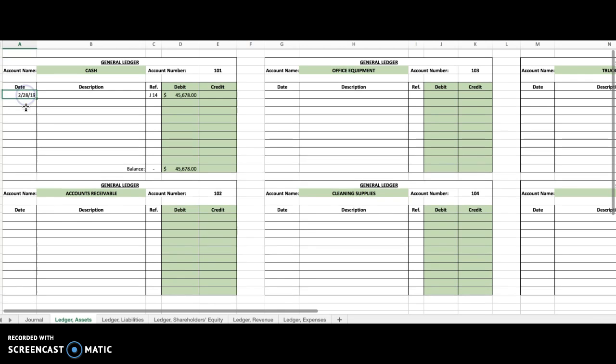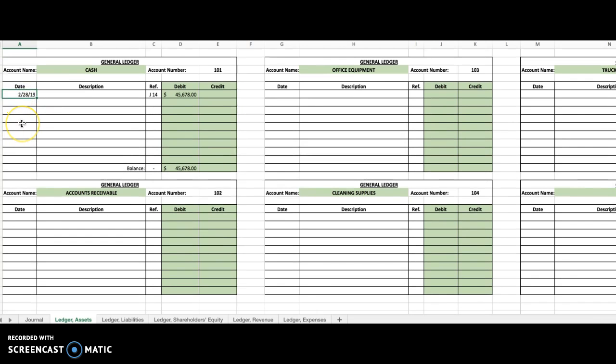So if you look at cash, at the end of February, that would be the previous month here, we had a debit balance of $45,678. The other thing I want to show you in these accounts is that these particular accounts have a balance line at the bottom of each account.